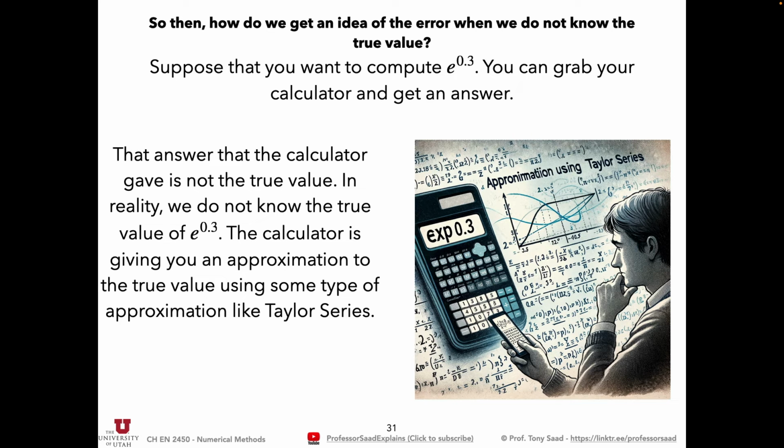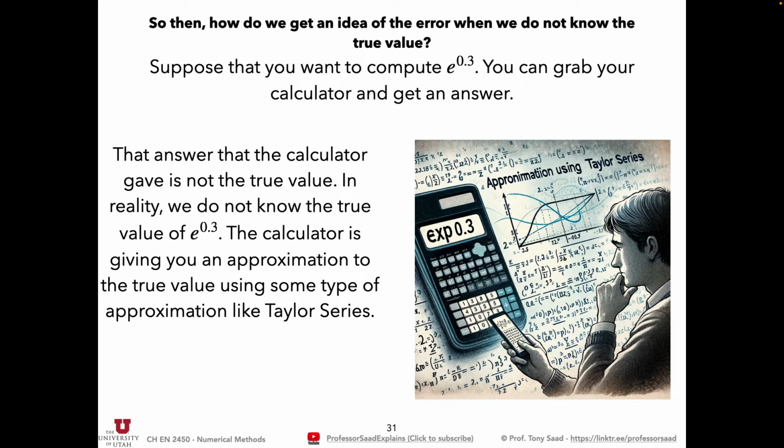Now, I'm going to claim that the answer the calculator gave you is actually not even the true value. In truth, we never know the true value of the exponential, because the true value is a number with an infinite number of significant figures, just like pi.